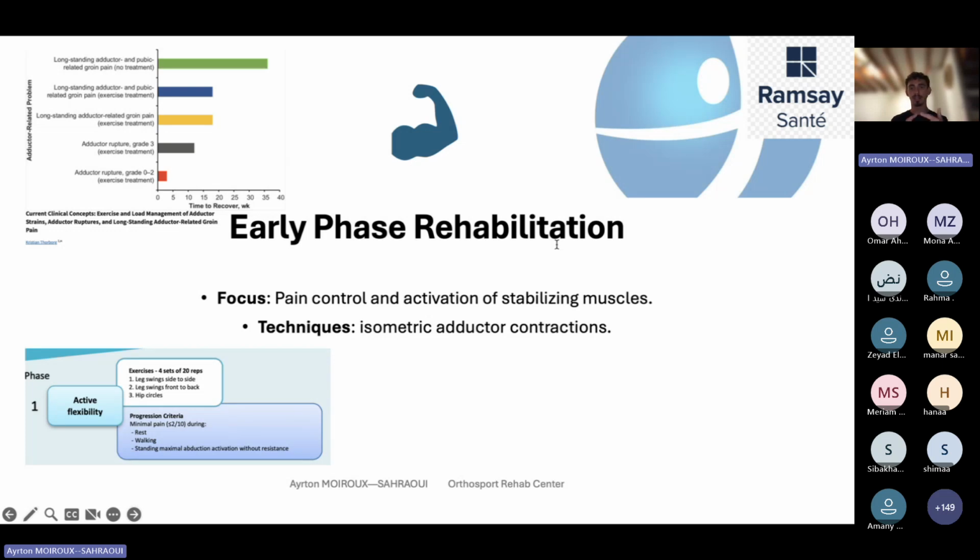Okay, rest, ice, compression, elevation, of course, always the same during the inflammation part. Okay, you can use isometric exercises, and you could use modalities such as electrical stimulation. Okay, that's good for starting the rehab. Stress the importance of not aggravating the injury, okay, and adhering strictly to prescribed activity modification.